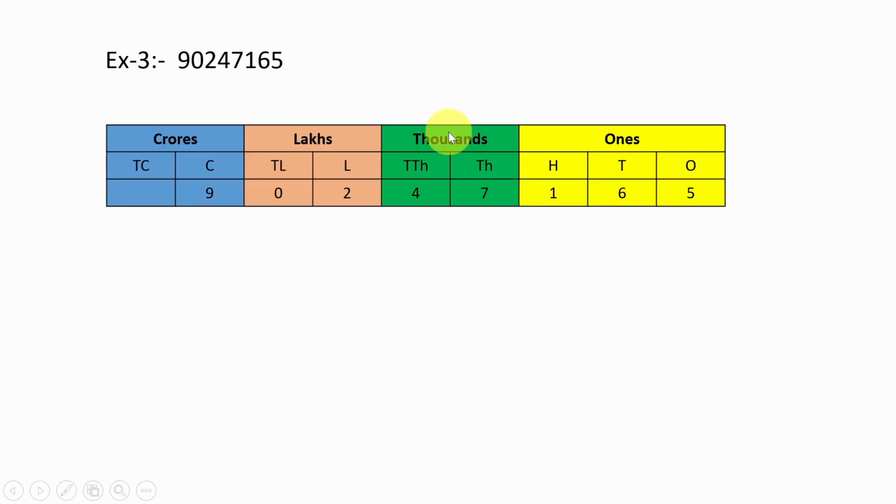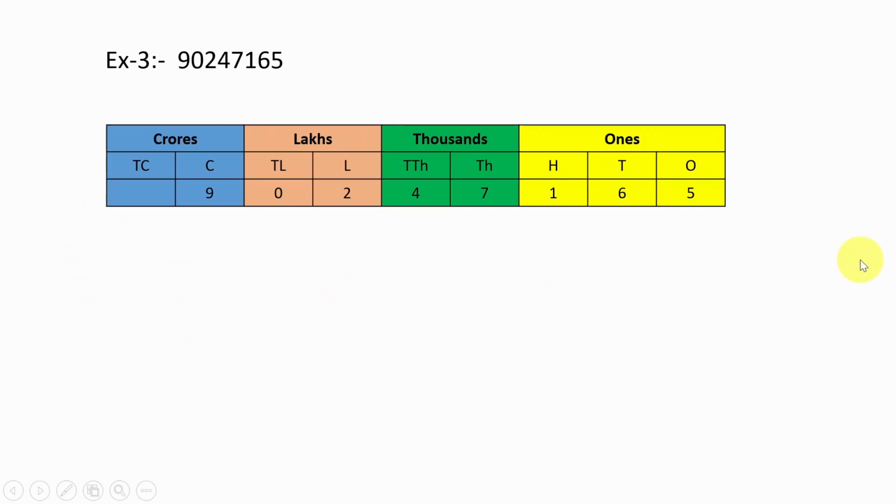Okay, this is the last example. Tell me how to insert commas in this number. First, what to do? We have to place these values in their respective places. See, 165. 1 is placed under the hundreds place, 6 is placed under the tens place, 5 is placed under the ones place.